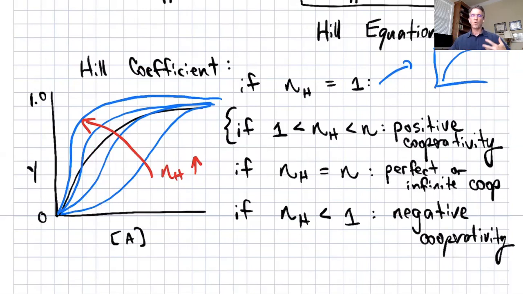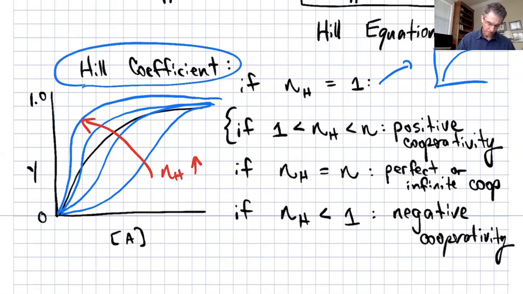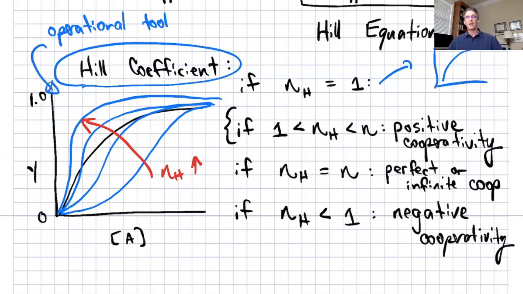So even though the Hill equation is considered an incredibly useful operational tool for assessing the extent of nonlinearity, the extent of cooperativity in a system, as a predictor of hemoglobin's number of binding sites, it failed. Because it assumes this all or nothing binding, that is the main reason why it failed.